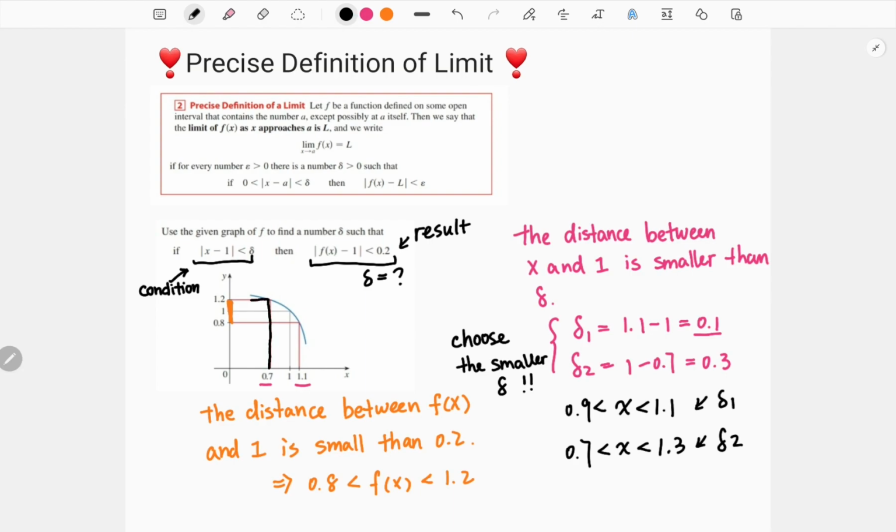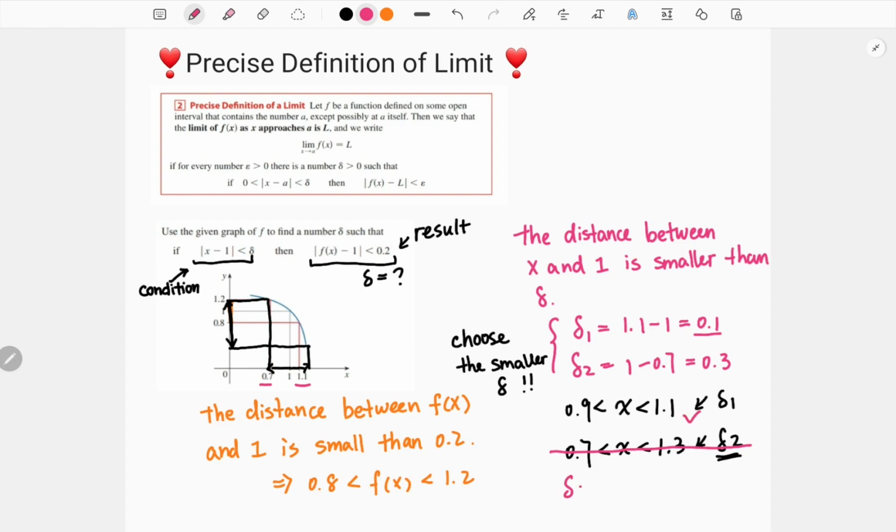We go up, it will be 1.2. And then 1.3 will be somewhere here. It intersects with the function and then goes to the left. So if my x is within this range, then my y will be within this black line range. You see here, this is greater than the orange range, which means this condition cannot be satisfied when we use a larger delta. So therefore, we do not use the larger delta, we keep the smaller delta.